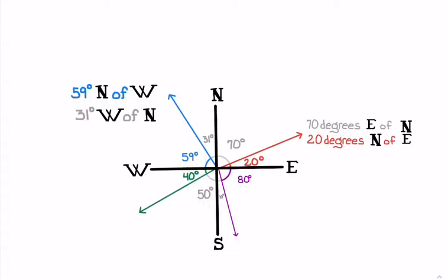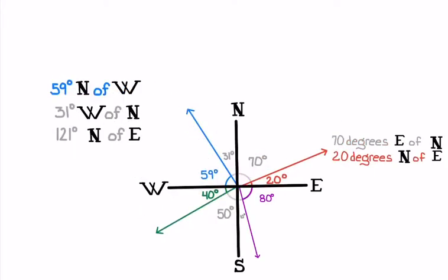A second way we could describe the direction an object traveling along the blue vector is going is to say 31 degrees west of north. We would picture a vector going due north, but then rotating that vector towards the west 31 degrees, hence 31 degrees west of north.